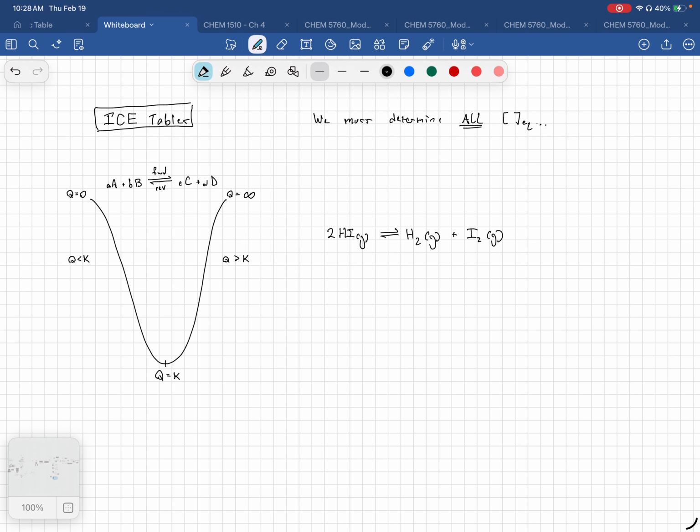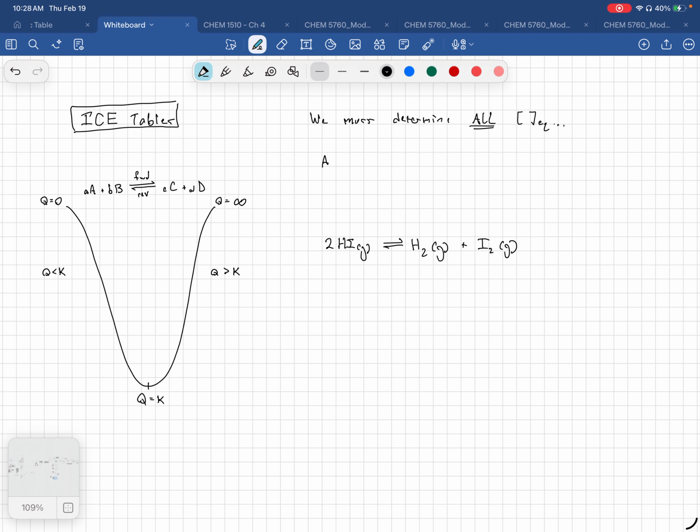And so let's say we're told that a 2.0 liter flask is filled with 0.200 moles of hydrogen iodide gas and allowed to react at a temperature of 453 degrees Celsius.